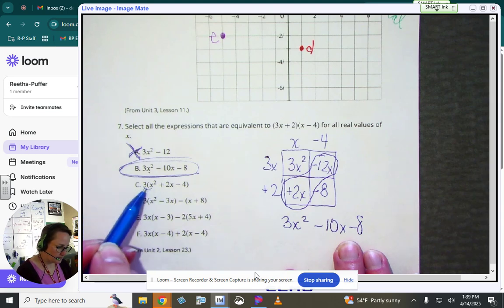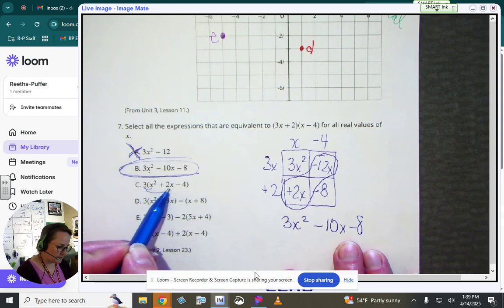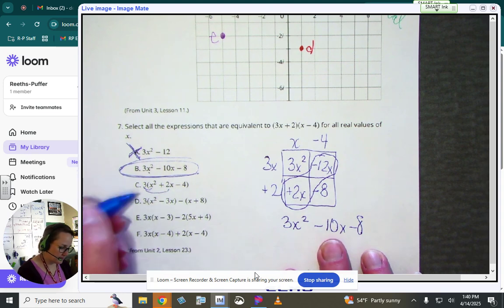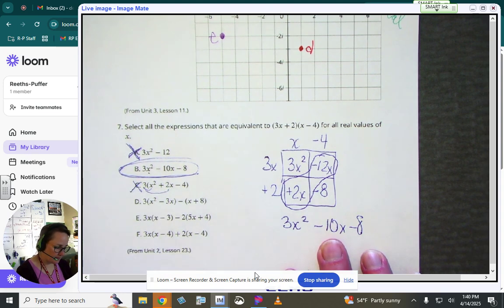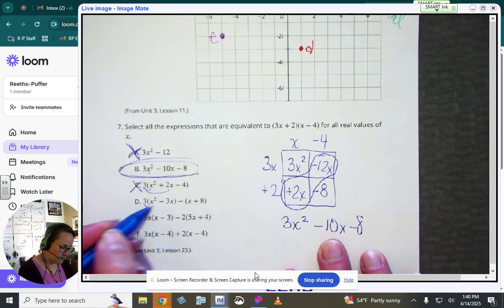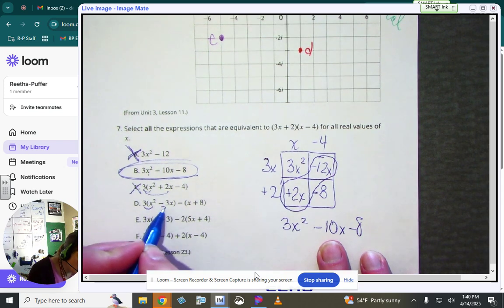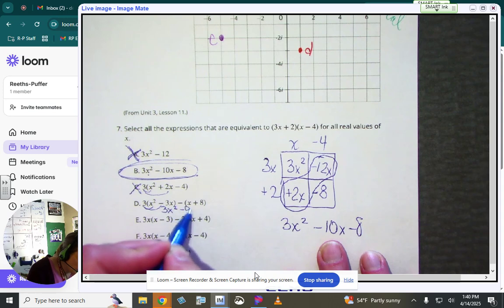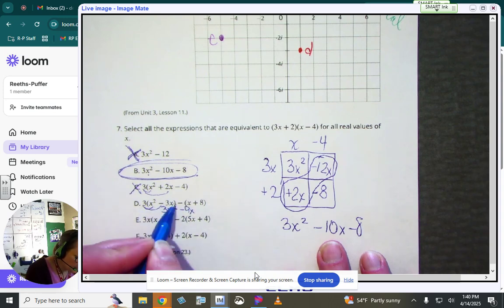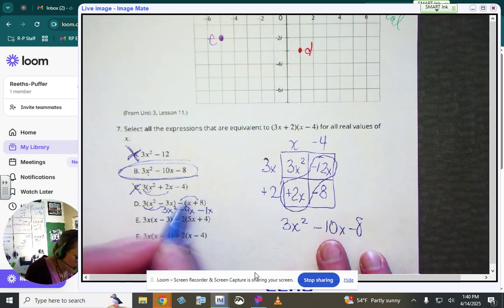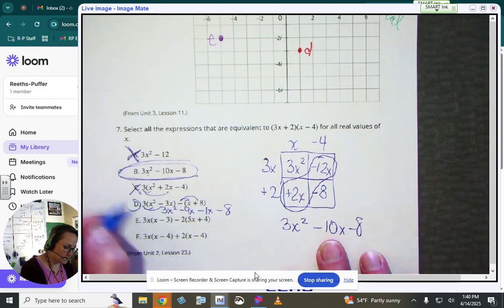There's the 3x, but 3 times 2 is 6, not negative 10, so that's not right. Wow, they want me to do all kinds of math here. 3x squared minus 9x minus 1 more x, that's a negative 10, minus 8. Remember, this distributes to both of them. This is also equivalent.